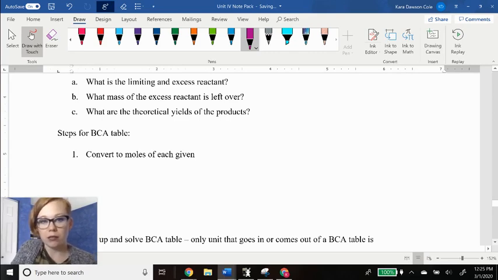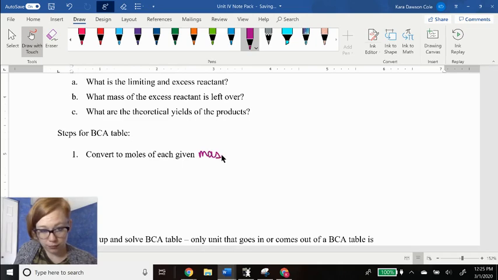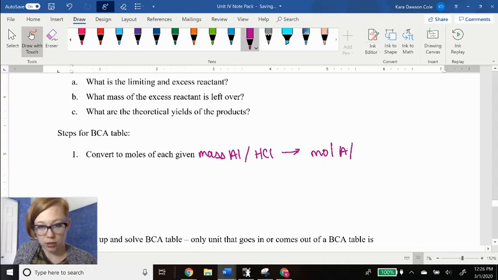So I need to convert the mass of aluminum, Al, and HCl, both of these, to moles. The reason that we need to be in moles is because moles is that counting number.